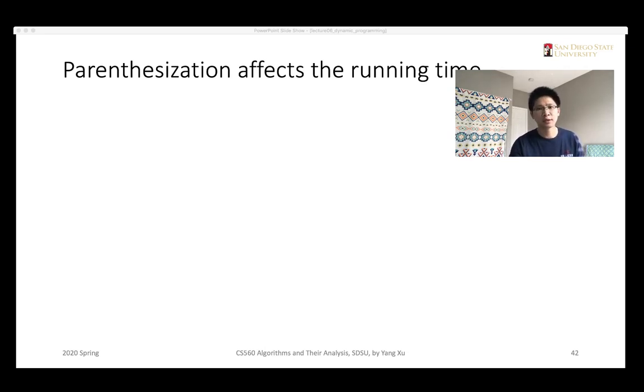How does this inform us about the problem of matrix chain multiplication? Let's start by looking at how different ways of parenthesizing the chains or sequences of matrices will affect the running time.